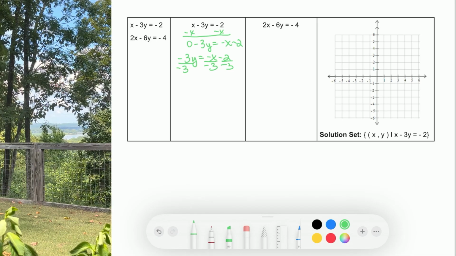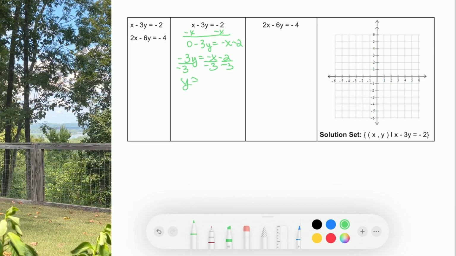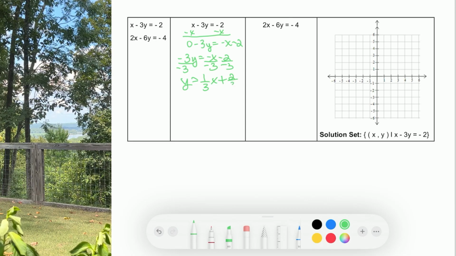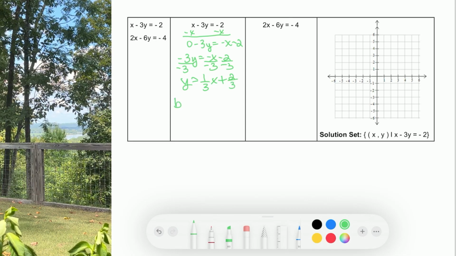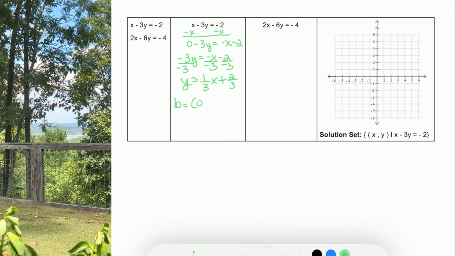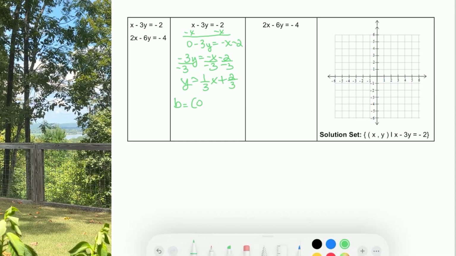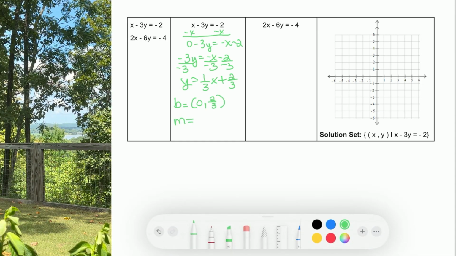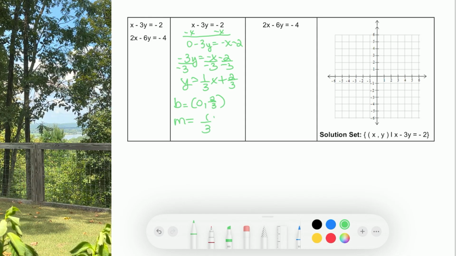And then I get y equals 1 over 3x plus 2/3. My b is 0, 2/3. And my slope is 1/3. So up 1 to the right 3.